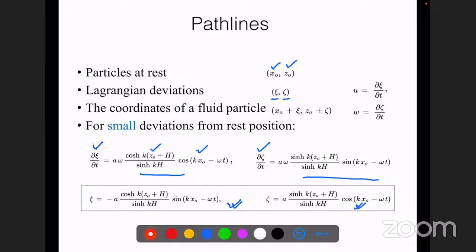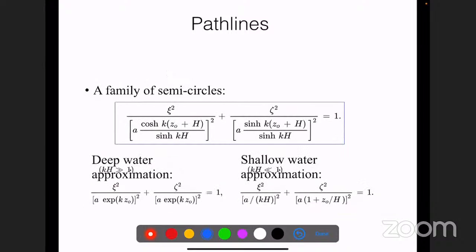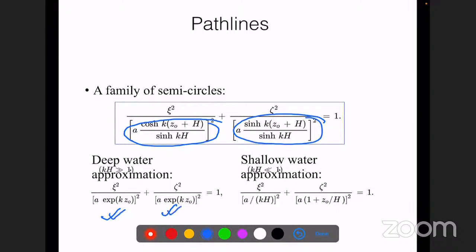If you now try to find out what this would look like, you can take the expression for xi and the expression for zeta, and when you write it out, these would be ellipses, because all of these are just constants. And if you go back to your deep water, if the depth goes to infinity, that's called the deep water problem. If the depth is kept in the problem, if you say that you are interested in the layer being significantly thin, then you get the shallow water limit.